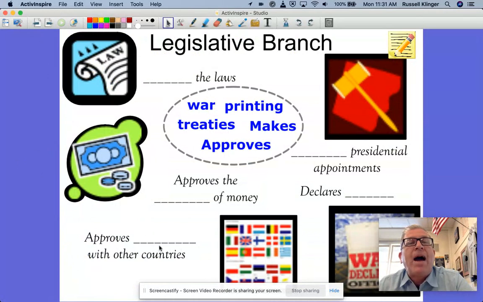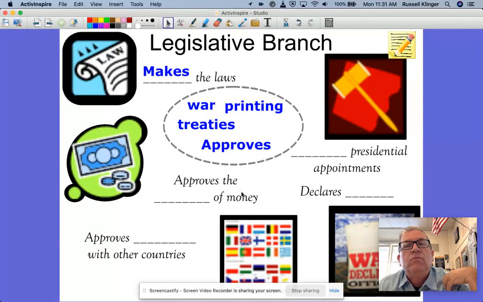What are some of the powers that Congress, this legislative branch, has? Probably the number one most important power, in my opinion, is that they have the power to make laws. They also have the power to approve presidential appointments.